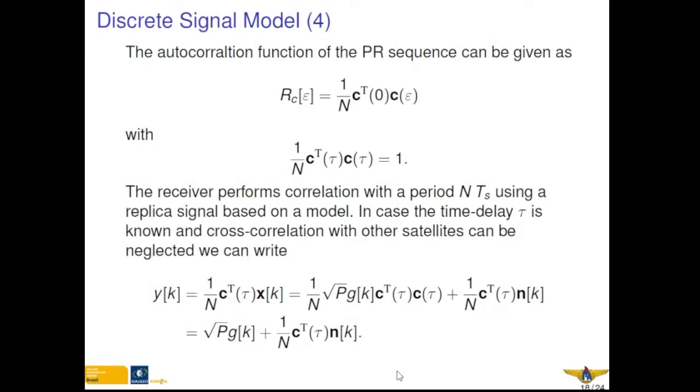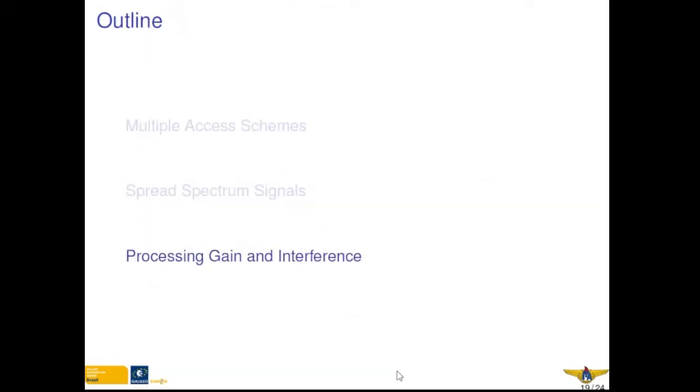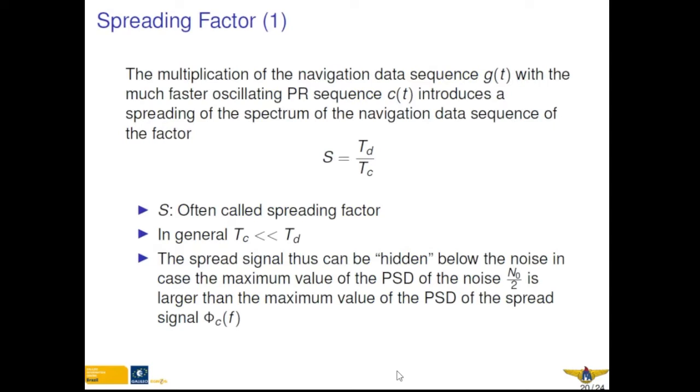Yeah, let's quickly talk also about processing gain and the interference. Multiplication of the navigation data sequence g of t in our continuous model with the much faster oscillating PRN sequence c of t introduces a spreading of the spectrum of the navigation data sequence g of t by the factor S, which is often called the spreading factor.